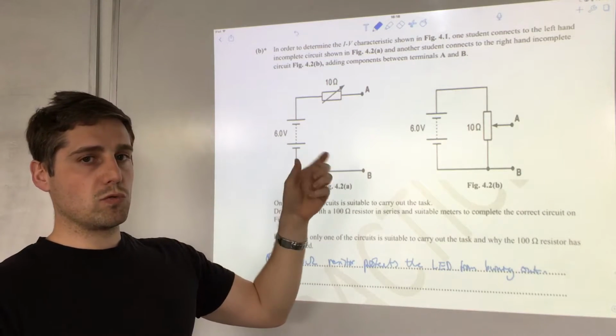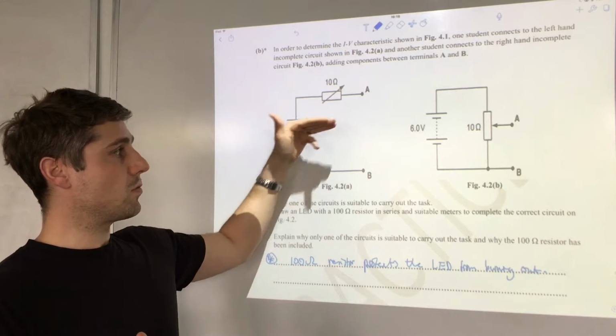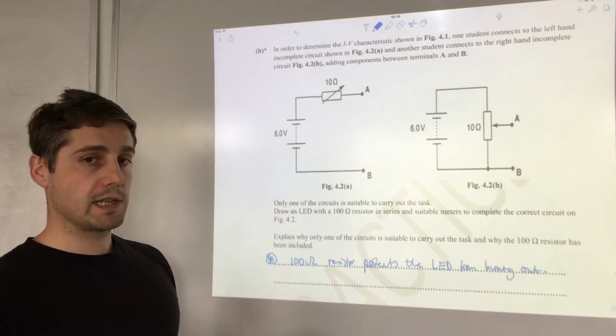So that's a small change in resistance, which will mean that the voltage change across the LED will be small.